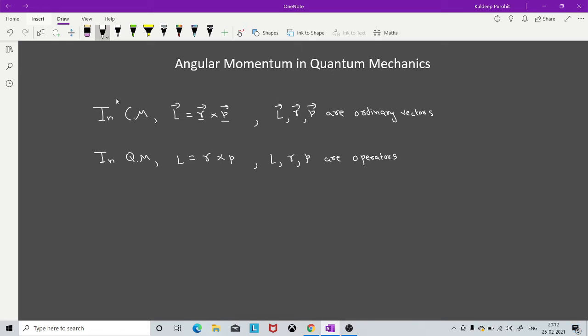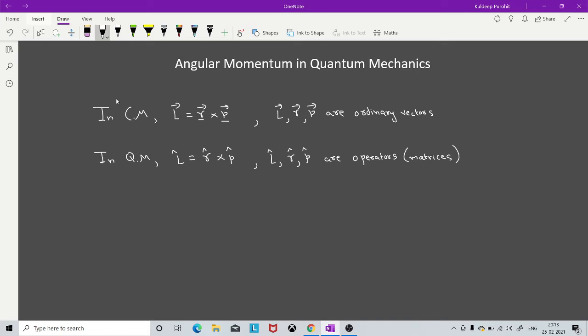These are not vectors, these are operators, and operators are matrices in quantum mechanics. So this is a significant difference from classical mechanics to quantum mechanics, and things will change.